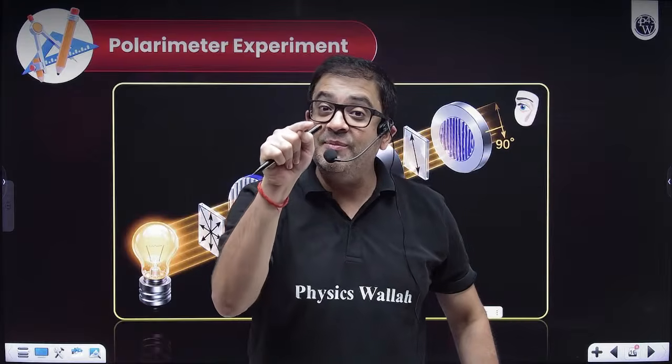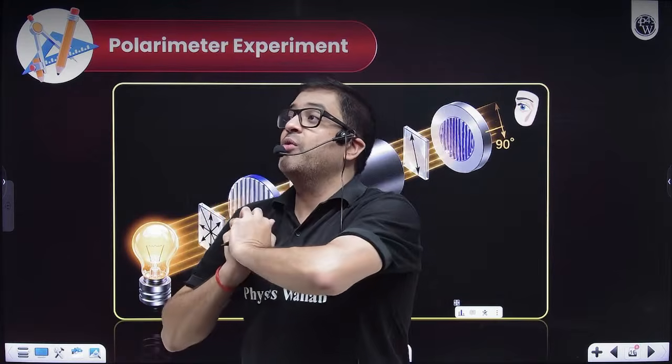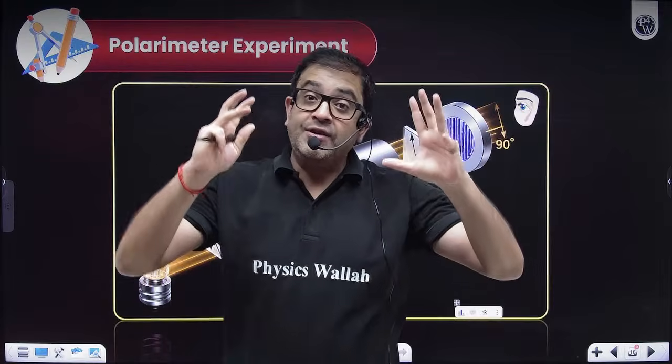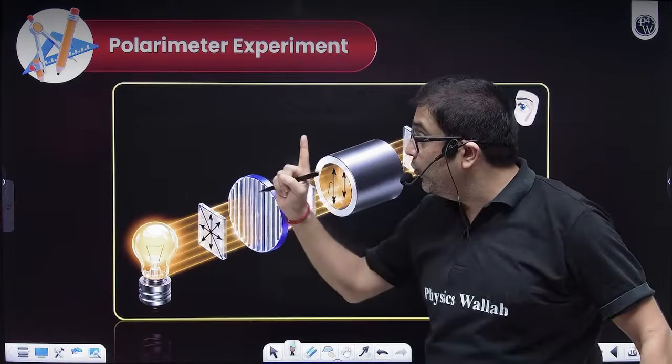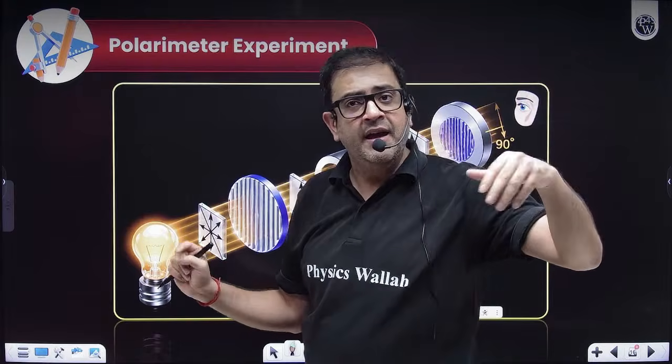Sir, if you are optically active, as in dextrorotatory or levorotatory, ultimately that means you have some center that is receiving light and rotating that light in a particular direction. Whether a compound is dextrorotatory or levorotatory can only be estimated through this polarimeter experiment, not otherwise.